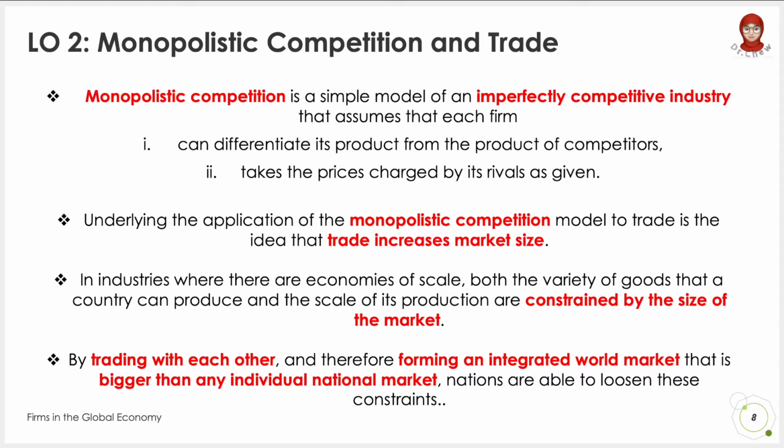Each country can thus specialize in producing a narrower range of products than it would in the absence of trade. Yet, by buying from other countries the goods that it does not make, each nation can simultaneously increase the variety of goods available to its customers. As a result, trade offers an opportunity for mutual gain even when countries do not differ in their resources or technology.